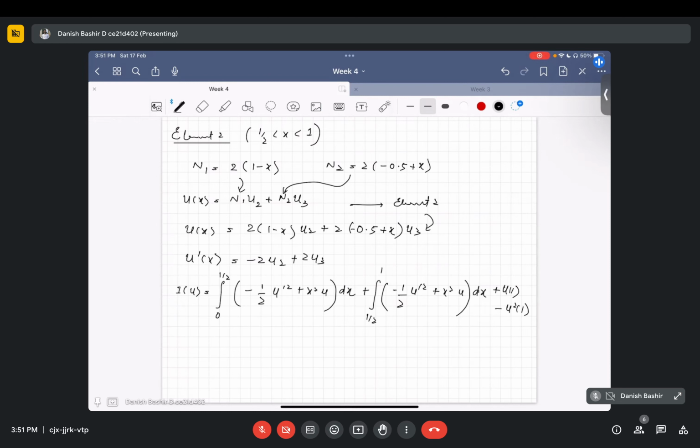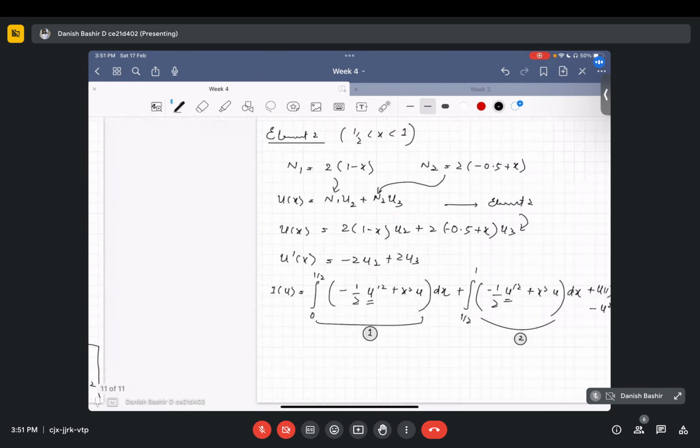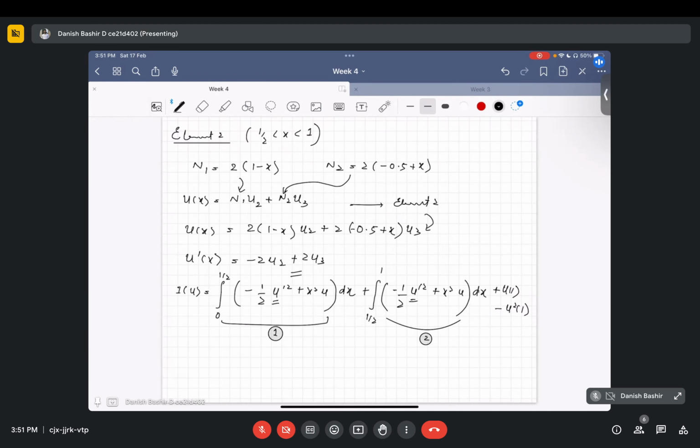You have to use the appropriate u here. This functional is for element first, and this functional is for element second. So you have to properly use this u of x and that u of x there.